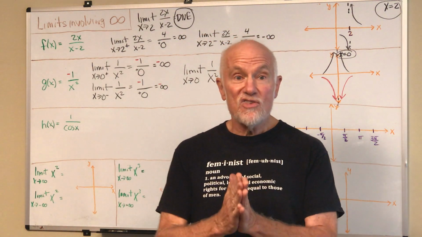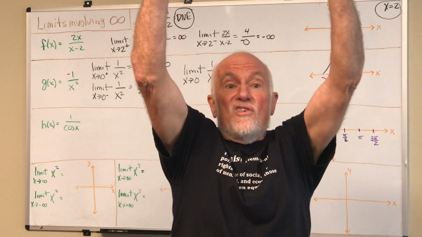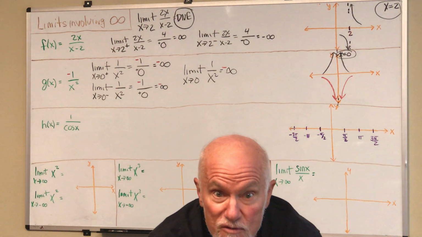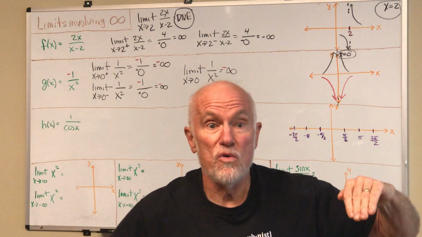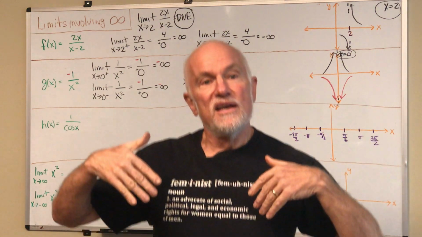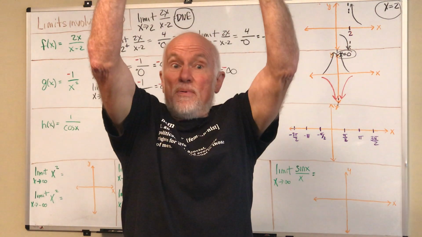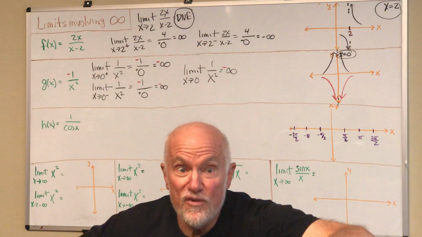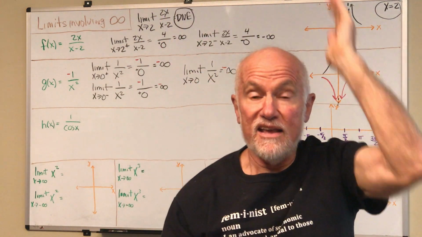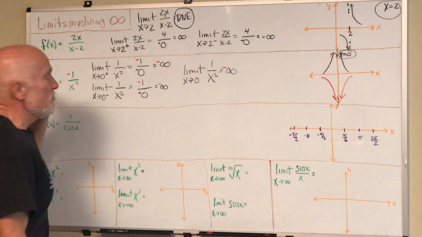It could go like this, up to infinity. It could go like this, down to negative infinity, or it could go this way or this way. So we formed like a dance. It's an asymptote dance. Up to infinity, down to negative infinity, or it does not exist. So those are the possibilities with an asymptote.